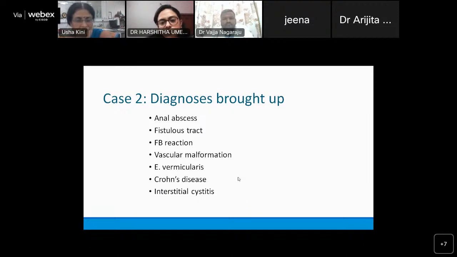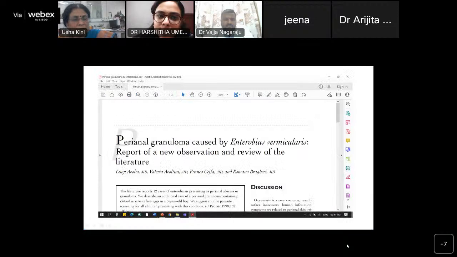I'm sure they got confused with the next slide and inadvertently called this interstitial, because there is no urothelium here, no bladder tissue. I think this is just a wrong place of entry of the diagnosis. So I just thought, I'm sure you would have also looked the way I have, perianal granuloma with Enterobius.